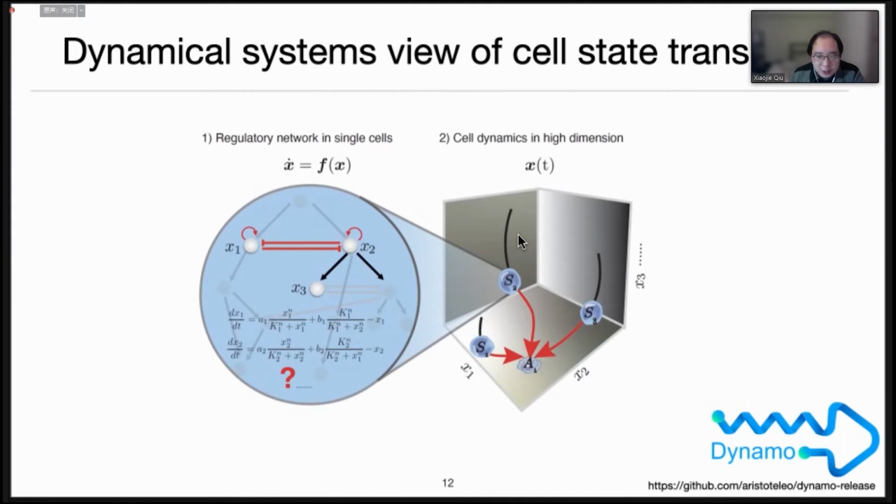Assuming a noiseless system, the regulatory network function Fx will determine the trajectory of the cell fate xt. In this particular case, all three cell states S1, S2, S3 come from different initial cell states, but converge into the same terminal cell state, or attractor A1.